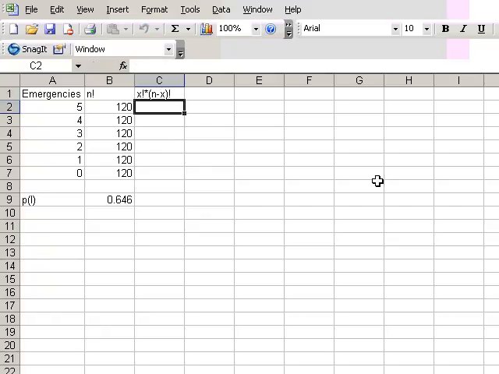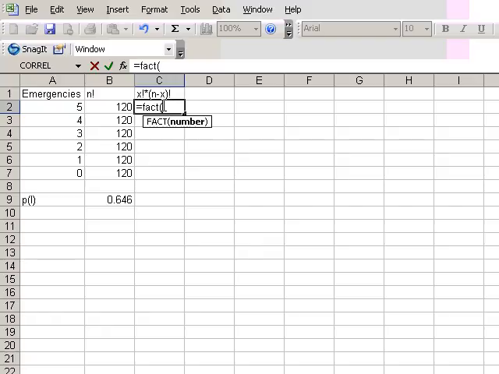Now for x equal 5, this will be equal to fact of 5 times fact of 5 again, fixed with an F4, minus A2 again.